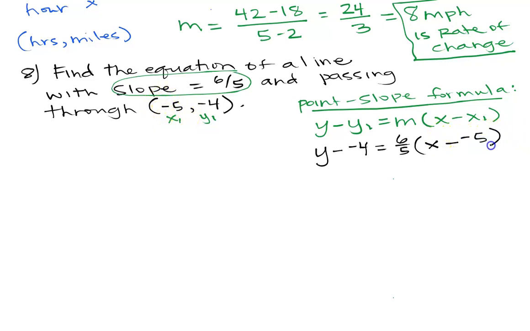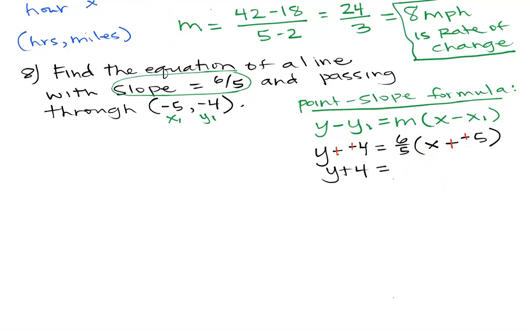So watch your signs closely on this. I would say the most common mistake I see with this is people write this as y minus 4 and x minus 5 when it should be minus a -4 minus a -5. All right, so if I'm minusing a negative, that's really adding. So I end up here with y plus 4 equals, and again over here, minusing a negative is really adding those.